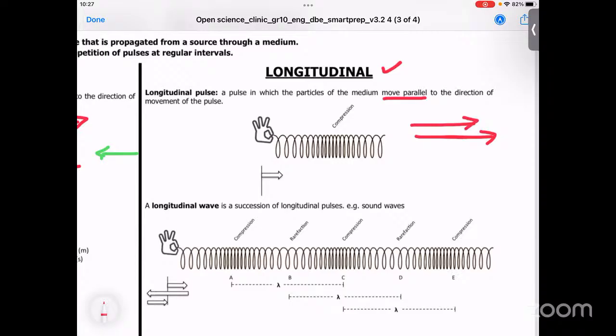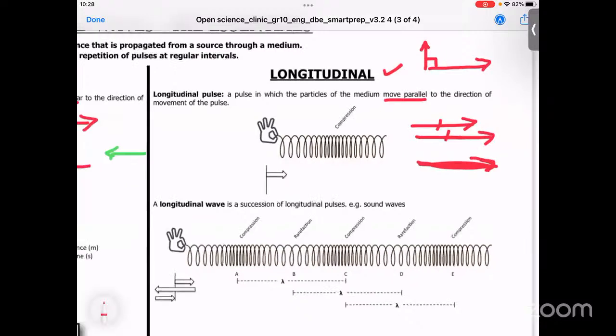So the direction is parallel, unlike the other one, where the pulse goes to the right and the particles go up, forming a perpendicular movement. This one is parallel movement, with the particles in the same direction. That is the difference between the two.